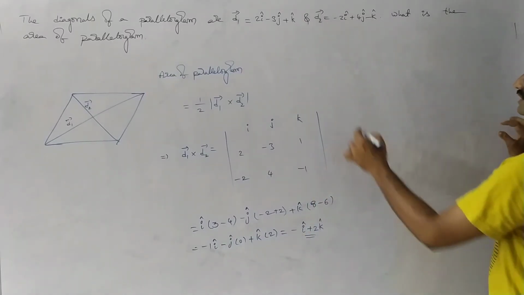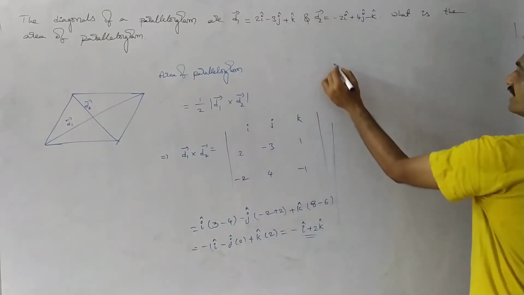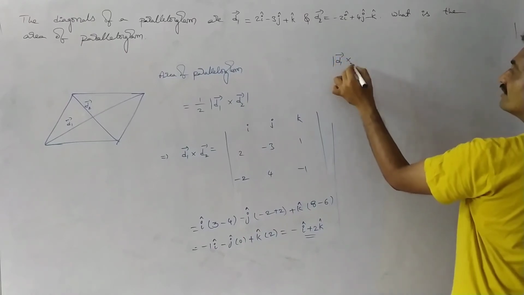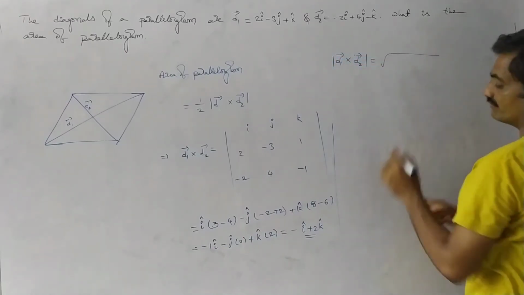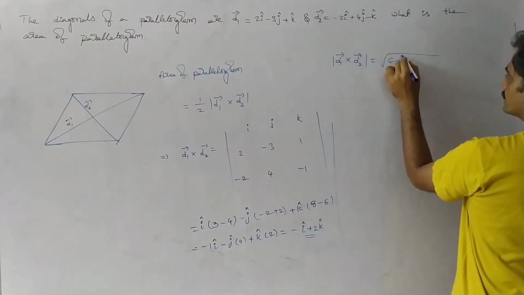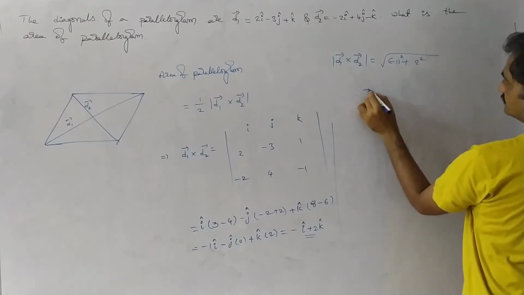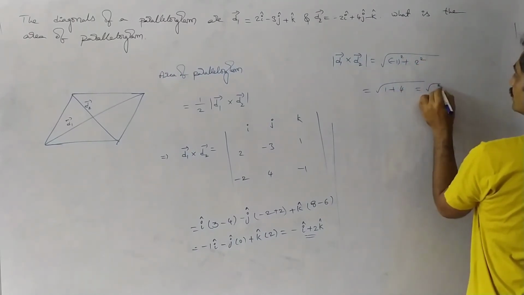Now we have to find the magnitude of this cross product. The magnitude of d1 bar cross d2 bar is the square root of (-1) square plus 2 square. So we get 1 plus 4, that is root 5.